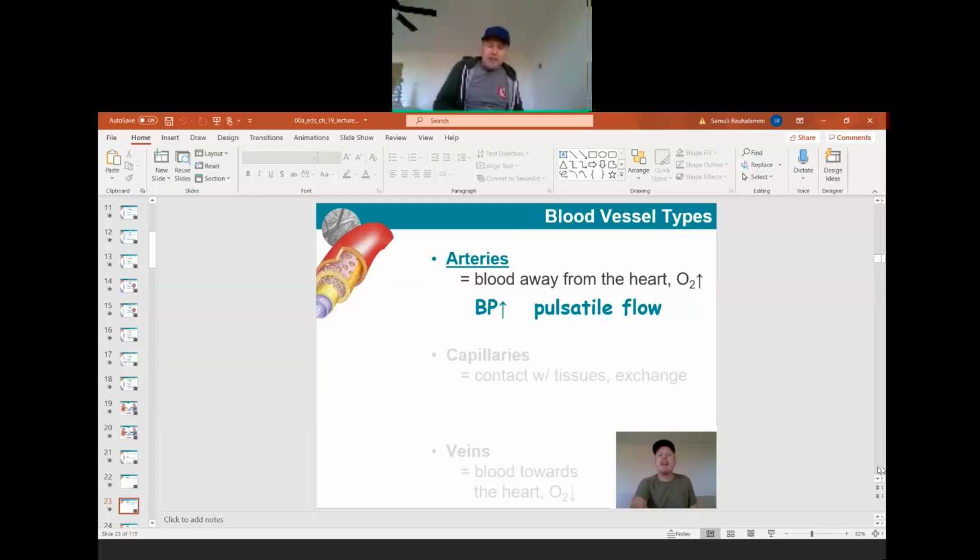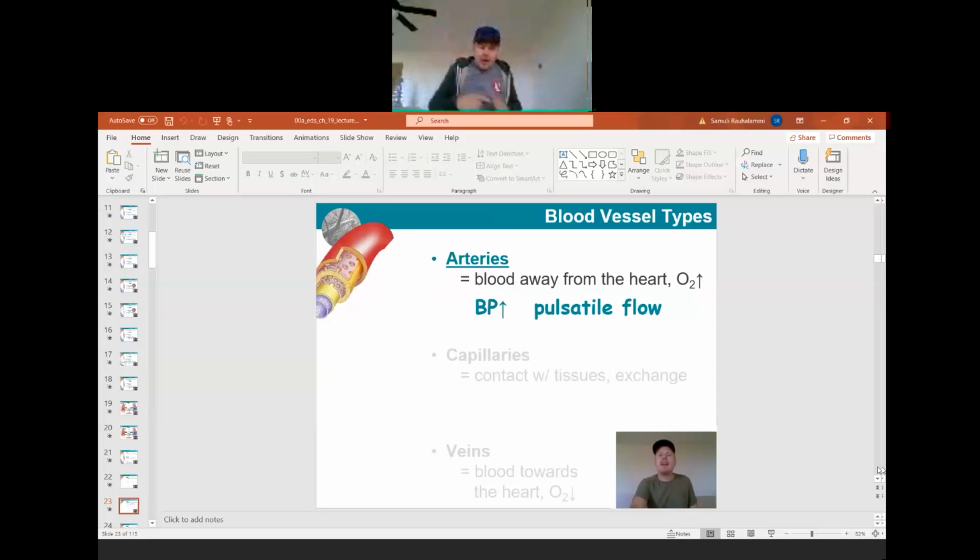The other thing that we see is that the blood flow within the arteries is also usually slightly irregular. So it's this pulsatile flow. When the heart contracts, and especially when the left ventricle contracts, blood shoots out at high pressure. And then when the left ventricle relaxes, the blood pressure might drop a little. And then it shoots up again, and then it drops and shoots up and drops.